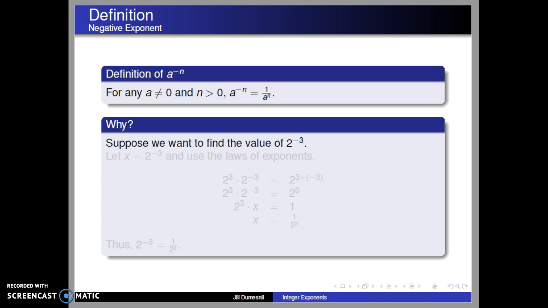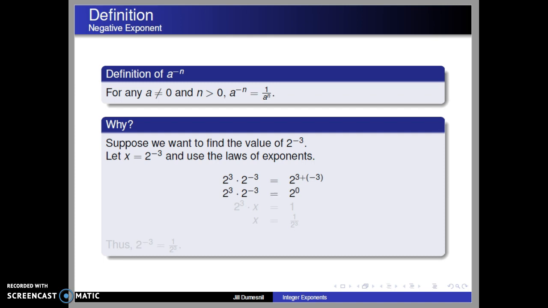Well, suppose we want to discover the value of 2 to the negative 3 power. Let's let x equal 2 to the negative 3 power and use the law of exponents. Then 2 to the third power times 2 to the negative third power will equal 2 to the 3 plus negative 3 power. Again, we've used that when you multiply like bases, you add the exponents.